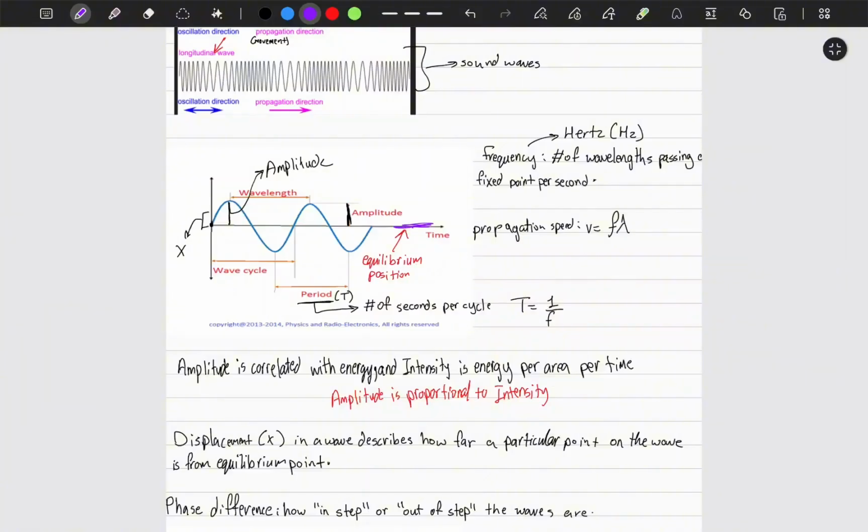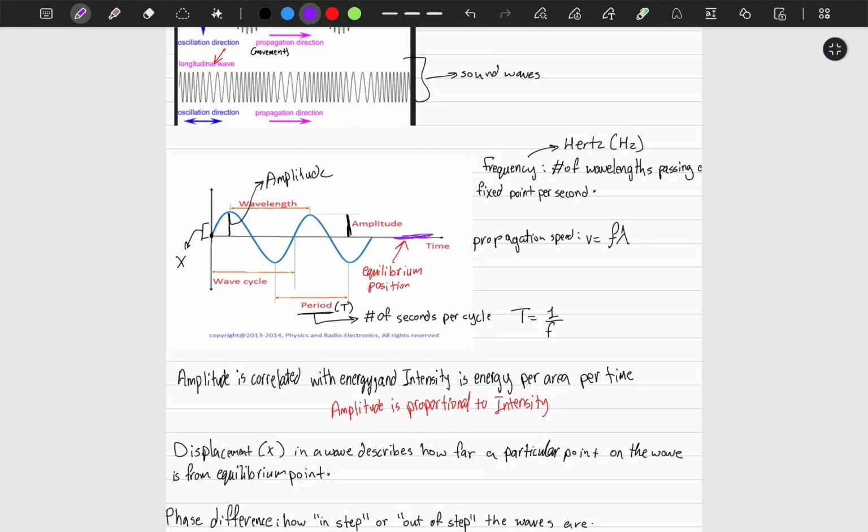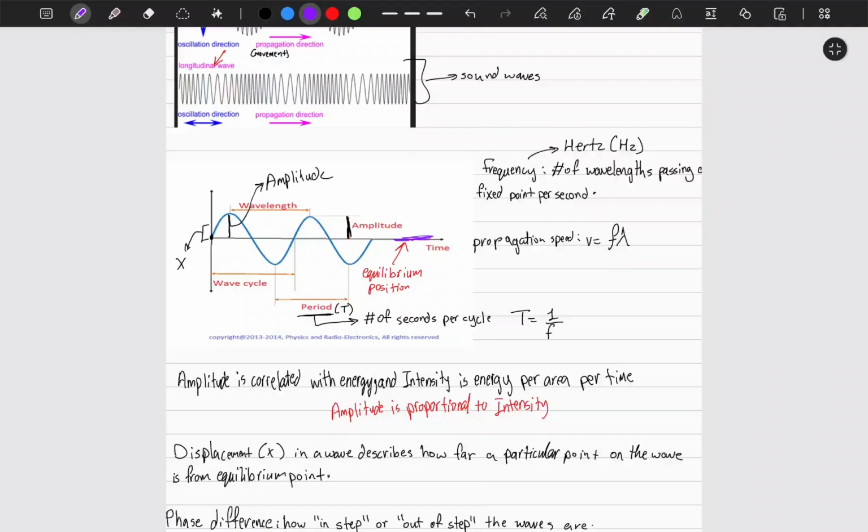And there are important things like period and frequency. Now, frequency is basically the number of wavelengths passing a fixed point per second. So you can think about it as the number of cycles per second, while period is the opposite. It's the number of seconds per cycle. How many seconds does it take to go from here to here?